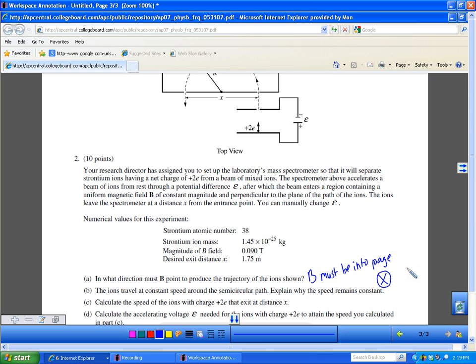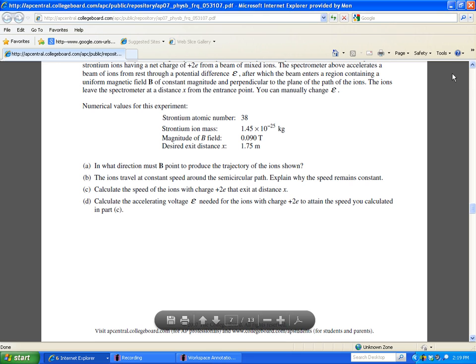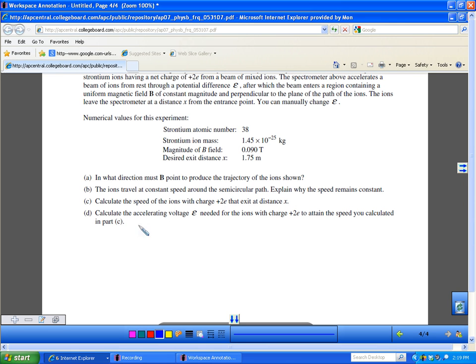All right, then part B says the ions travel at a constant speed around the semicircular path. Explain why the speed remains constant. Well, let's talk about that. If the ion travels at a constant speed, then we know that no work is done, since KE does not change.